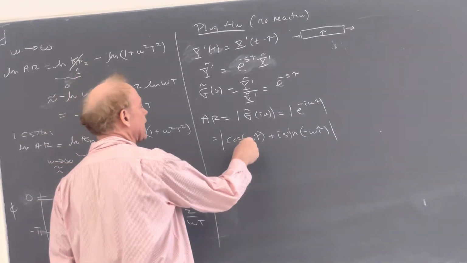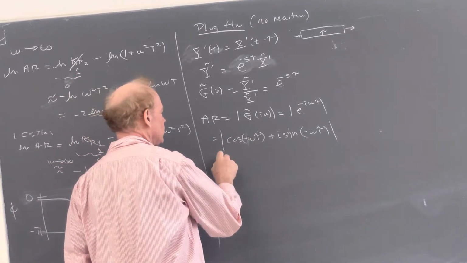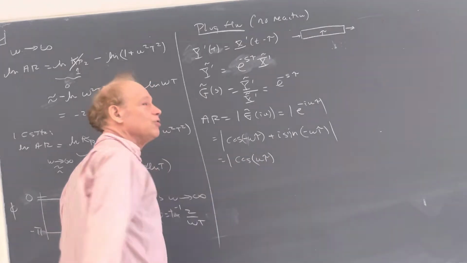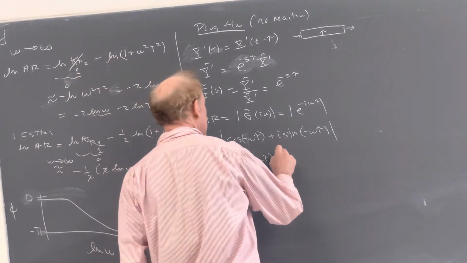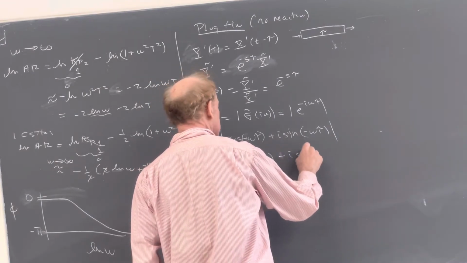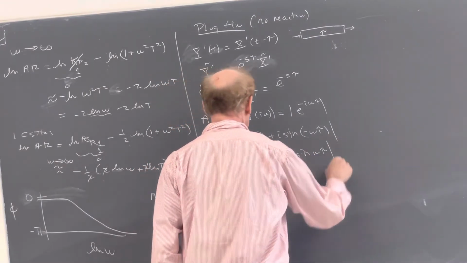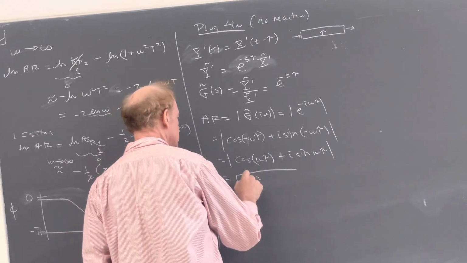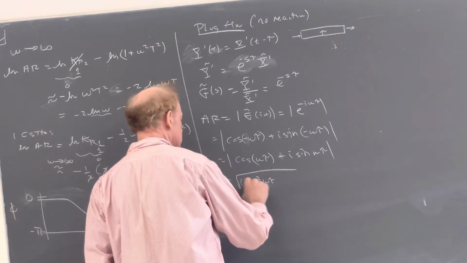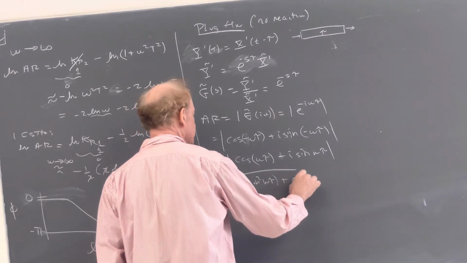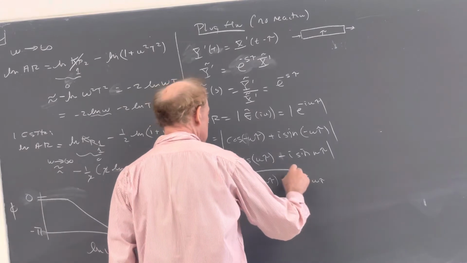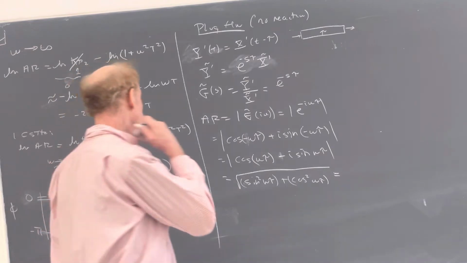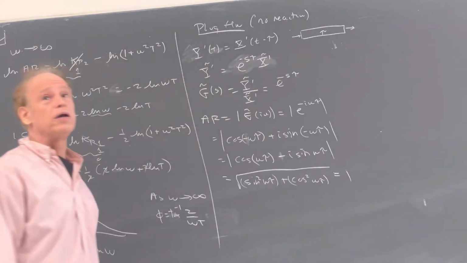But the cosine of minus omega tau is the same thing as cosine of omega tau, because the cosine is an even function. And the sine is an odd function. And the magnitude is just the square root of sine squared omega tau plus cosine squared omega tau. And what's sine squared plus cosine squared equal to? 1. So this is just 1.